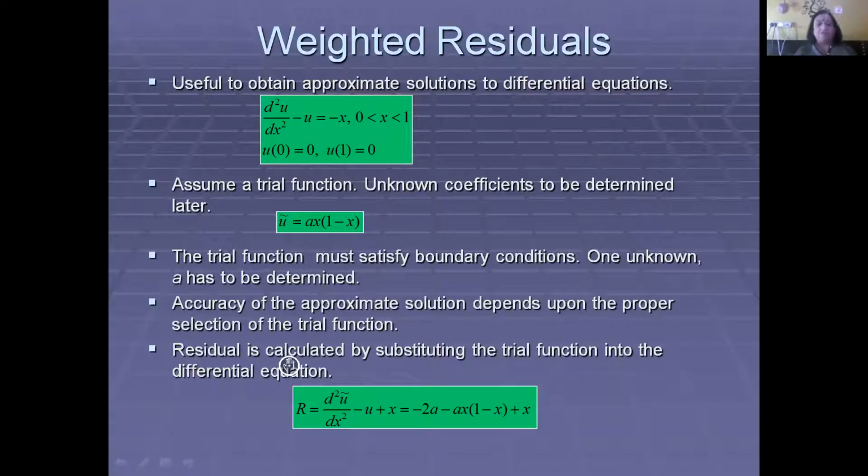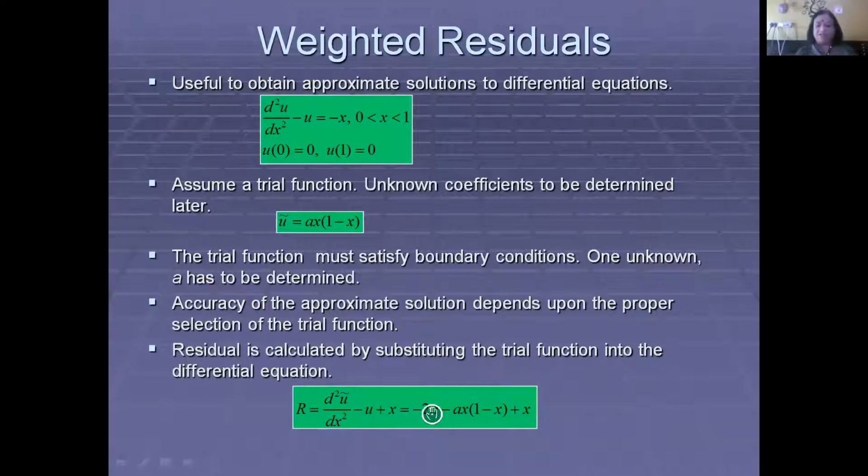So the residual is calculated by substituting the trial function into the differential equation. So r is equal to d2u tilde/dx squared minus u tilde (this is a typo here, this should be u tilde) plus x. If u tilde is equal to u, this entire thing becomes equal to 0. However, this will not become equal to 0 if I take an approximate solution.